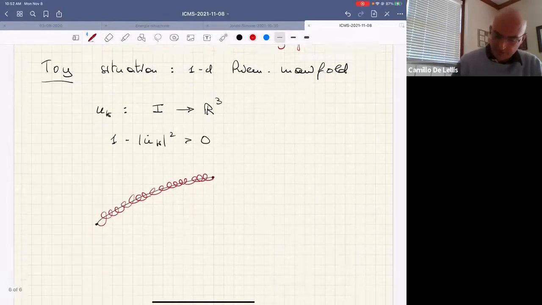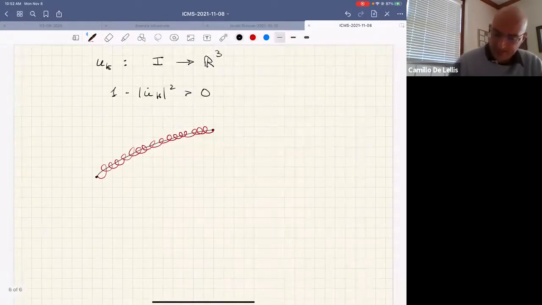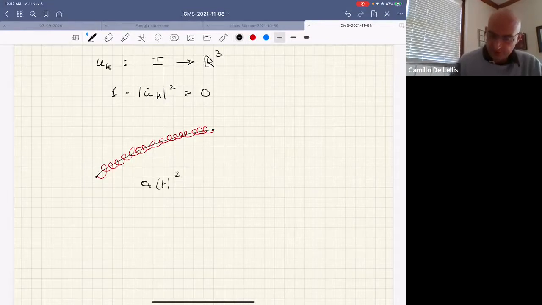Let me codify this. Let me try now my ansatz. Let me say that delta_k is going to be a function. Let me define a function a of t in such a way that the square of this function is equal to 1 minus the modulus of u dot_k squared.